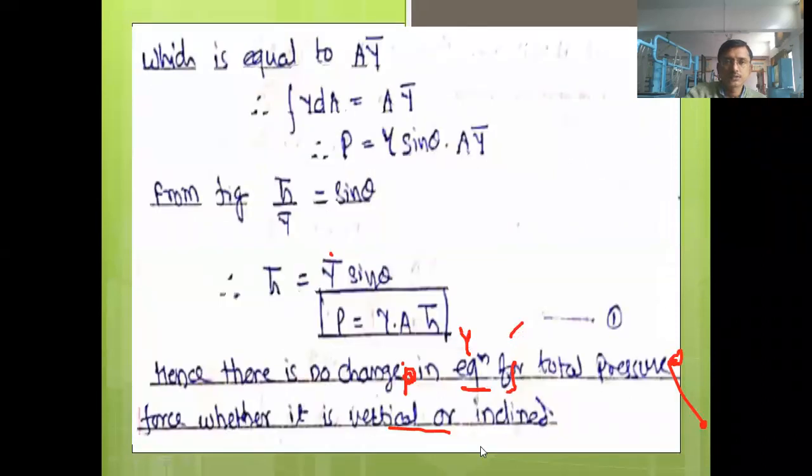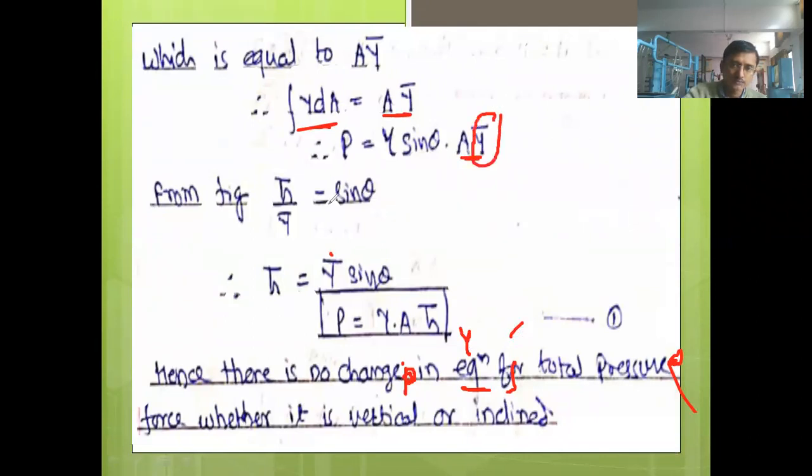So instead of that, now I can use the equation: capital A into y bar. I will put A y bar in this equation. Now instead of this y bar, what can I put?